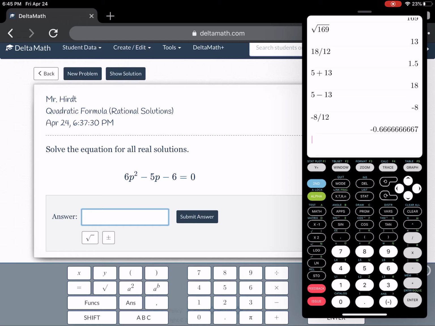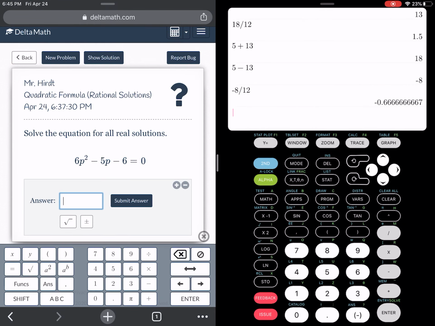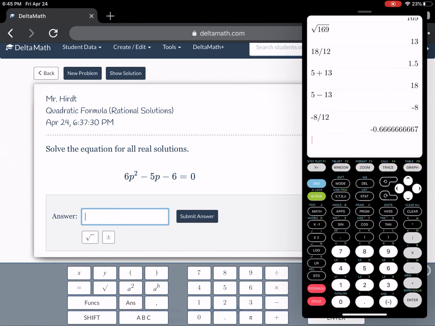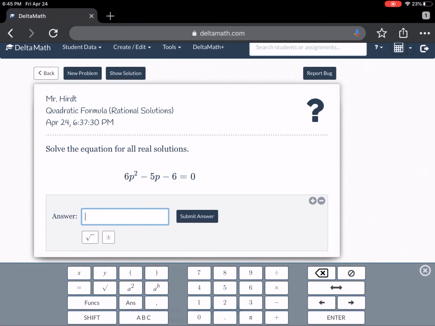So we're trying to put in two answers here. We're trying to solve for all the real answers. Bear with me for just a second. So the first answer that we're trying to put in is 1.5, and then we're going to put a comma.